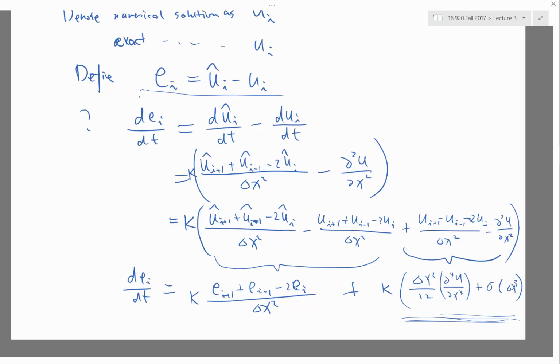Once this is not 0, it'll create a non-zero e i. And then for the rest of the time, whether e i is going to be big or not depends on this, right? If this term is going to be exponentially decayed, if this term doesn't accumulate, then the magnitude of e i is going to be primarily determined by this term. But if this term is exponentially growing, then my e i is going to be exponentially growing, even if I have a small error.